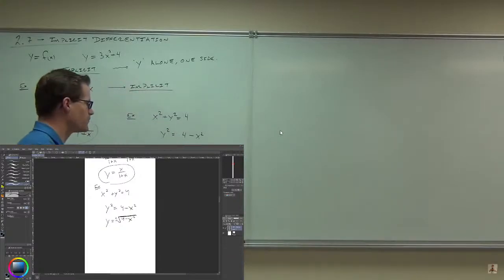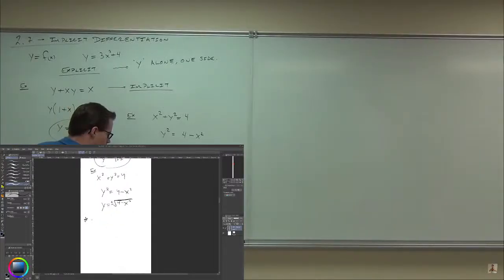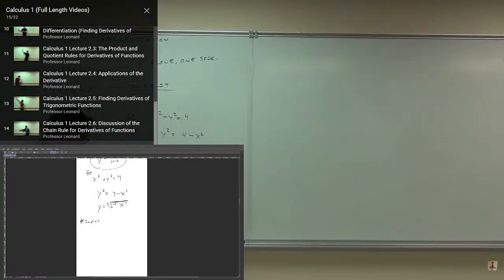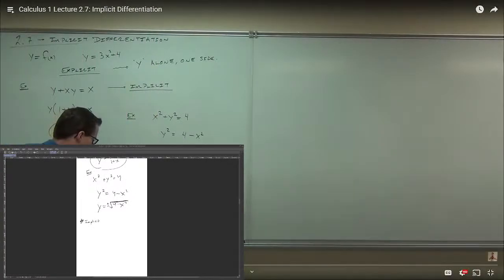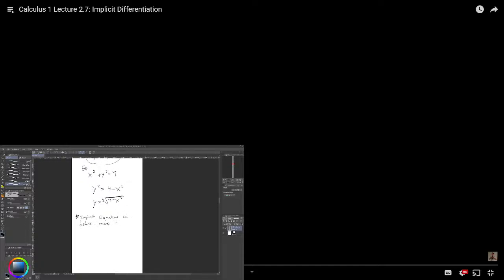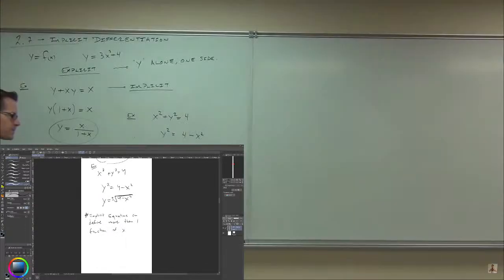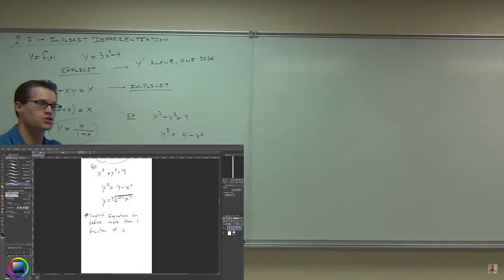Implicit equations can define more than one function of x. Just like I did here, this is implicit. That's two different functions.